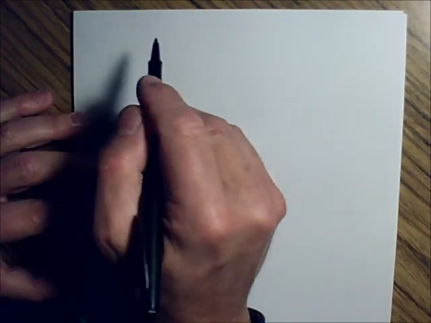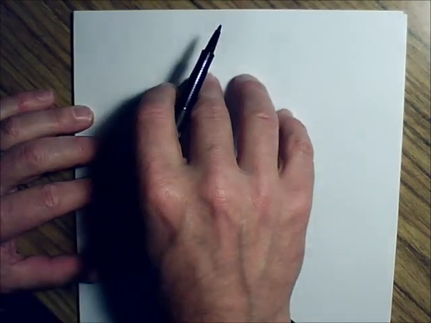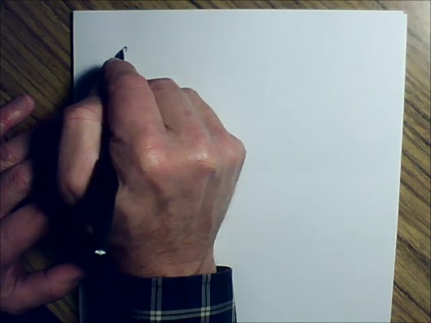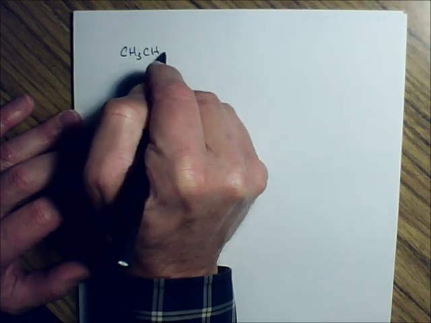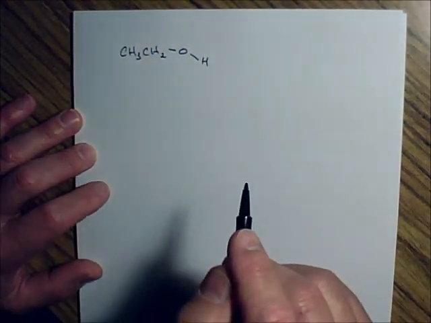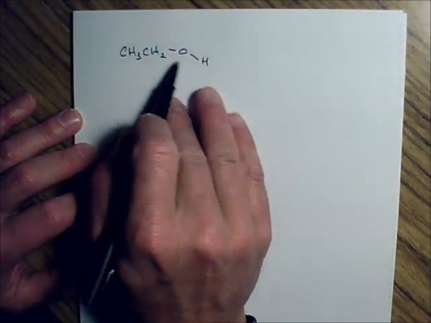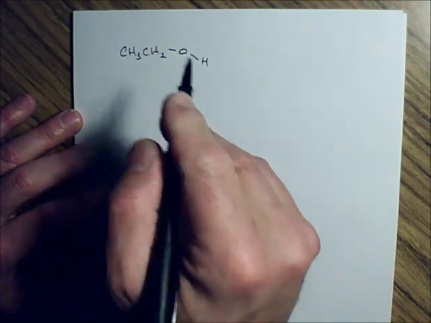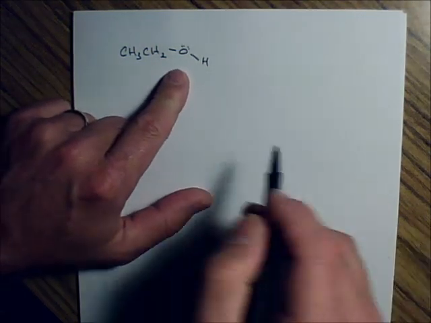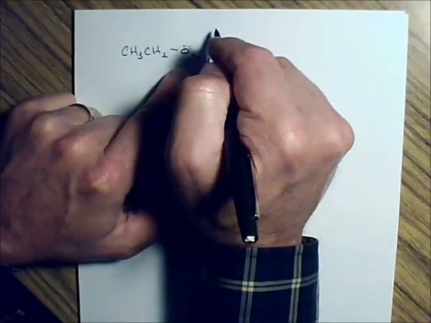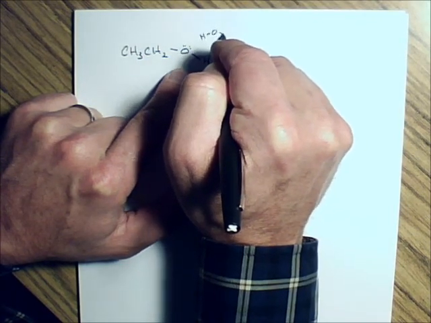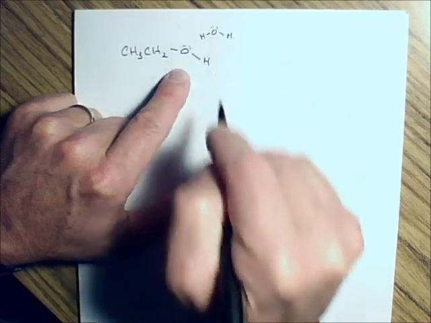With polar substances, it depends on how polar it is. So everything is relative, actually. If I have a small alcohol like ethanol, and I'm going to use a kind of in-between version of structural drawings. This is kind of complete structural, and it's condensed on this side. But I'm also going to stick a couple of lone pairs up here because those are important to this. So this is a small alcohol. And then water, remember, has hydrogens covalently bonded to oxygens, and it has a couple of lone pairs too.